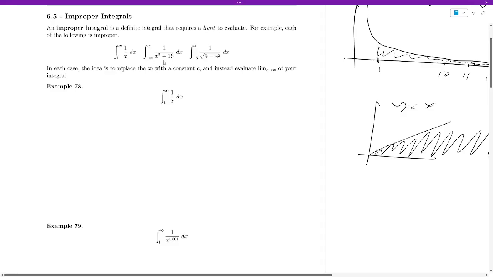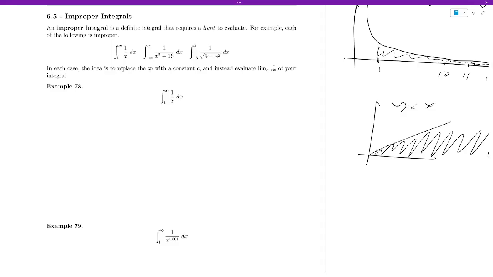We can also have two-sided improper integrals. Like this middle one, I have negative infinity on the left and positive infinity on the right. That's also possible to do, and we'll see this in a minute. There are also some cases where there's no obvious infinity, but it turns out that you will need a limit.